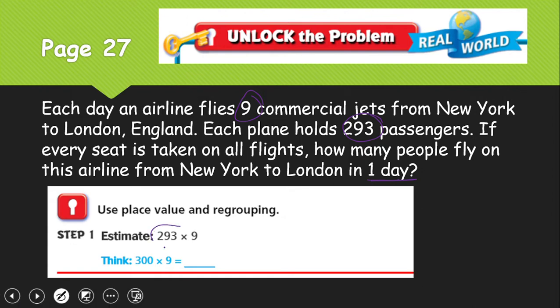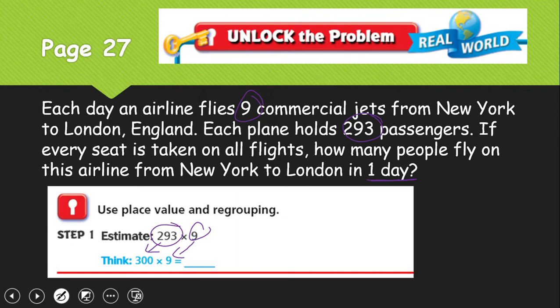So you're going to go ahead and round 293 to the nearest 100. So 293 rounded to the nearest 100 is 300. And then we'll leave our 9 the same. Now, we need to go ahead and multiply the basic facts.